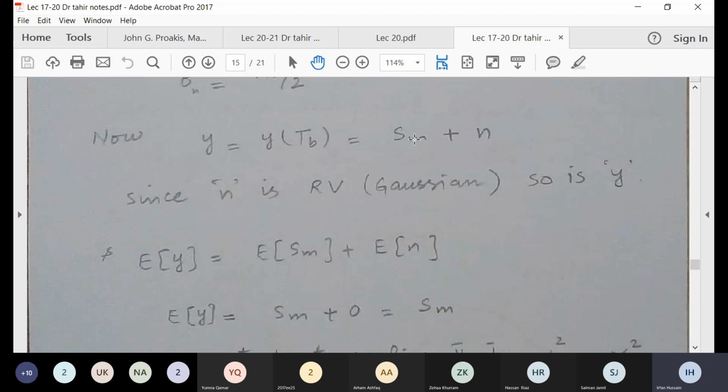So a discrete number plus a Gaussian random variable means that you will still get a Gaussian random variable.